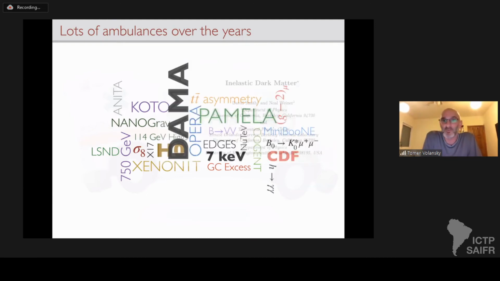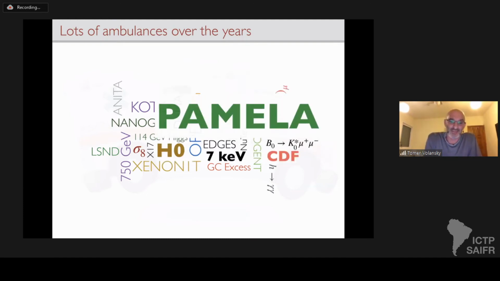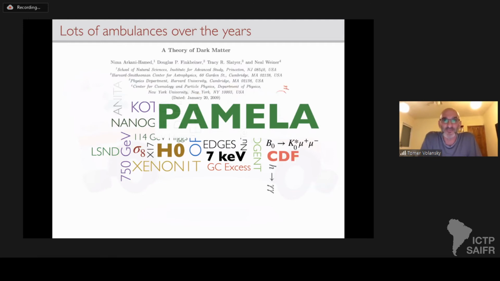Another example is PAMELA, which brought around this paper by this bunch of people. In particular, they started discussing the hidden photon scenario, which was not new. It was in fact studied 20 years earlier.